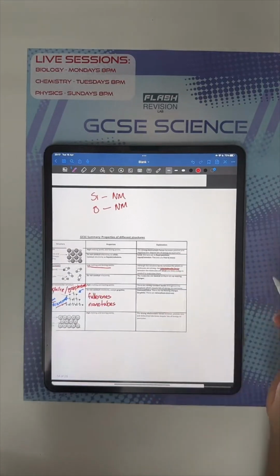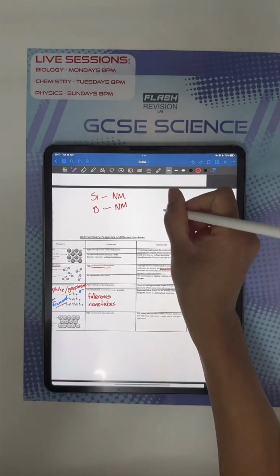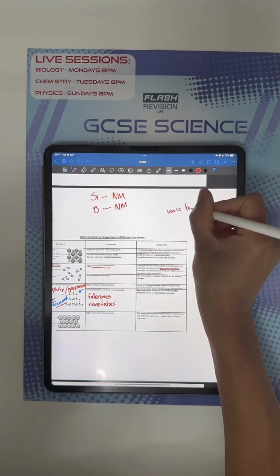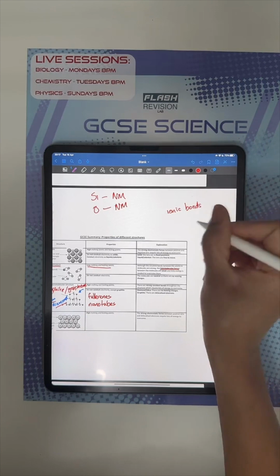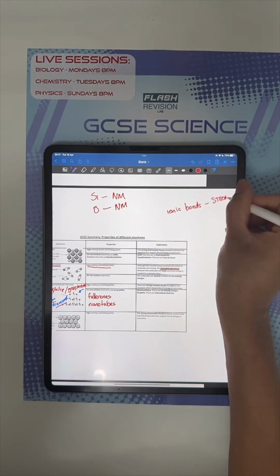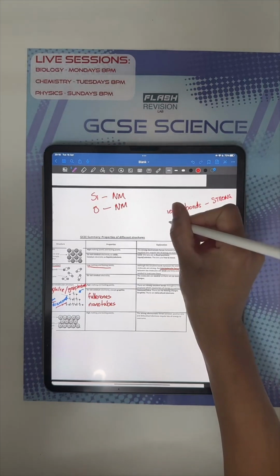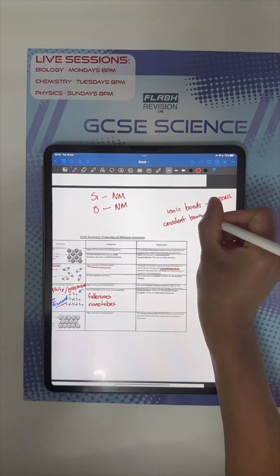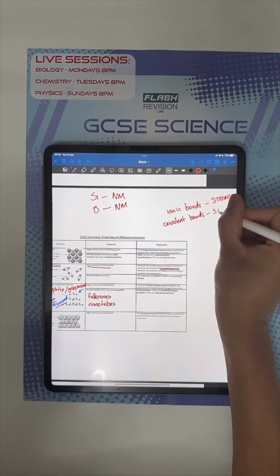So you're going to come across a few bonds. We've got ionic bonds. These are strong. We've got covalent bonds. These are strong.